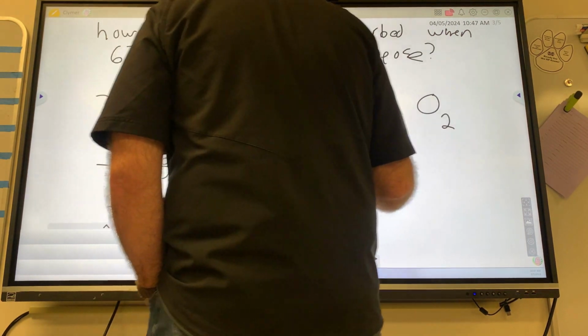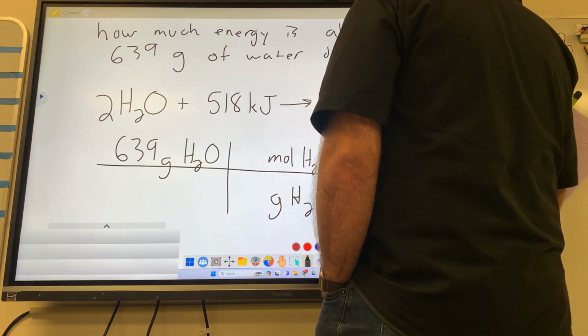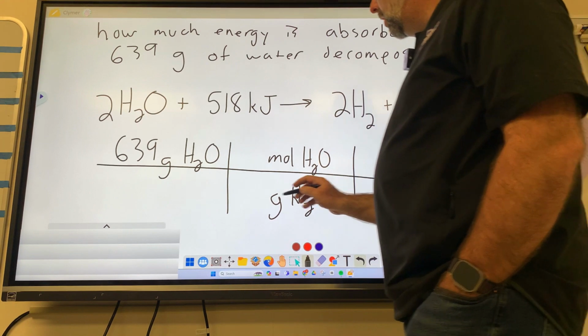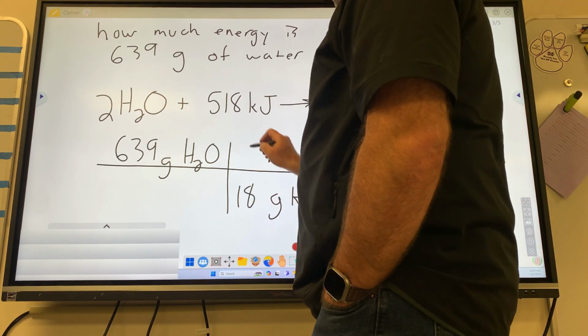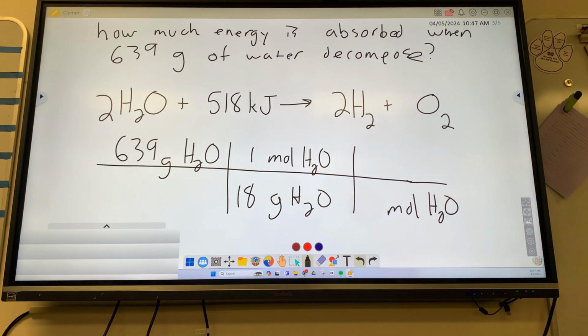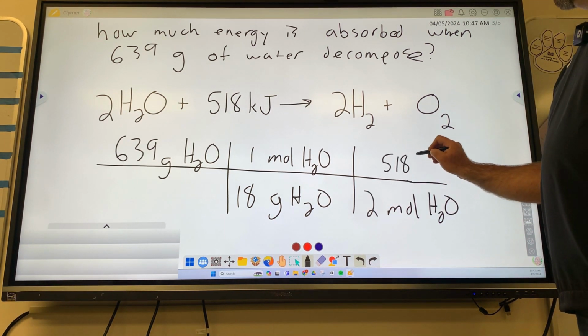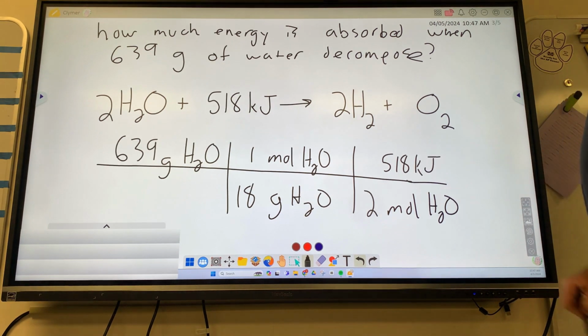And then moles. So water is 18, is 1 mole. And then what is the last box of my T-chart going to look like here? Again, this is kind of a mismatch of your molar ratio, right?